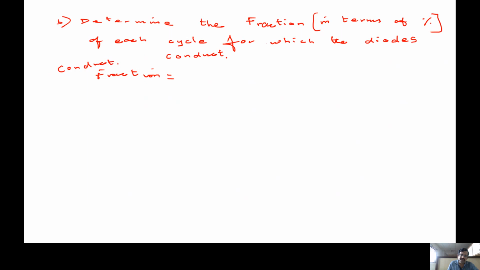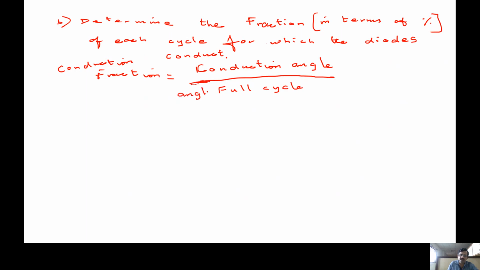Simply, conduction fraction is given by conduction angle divided by the angle for the full cycle, multiplied by 100.